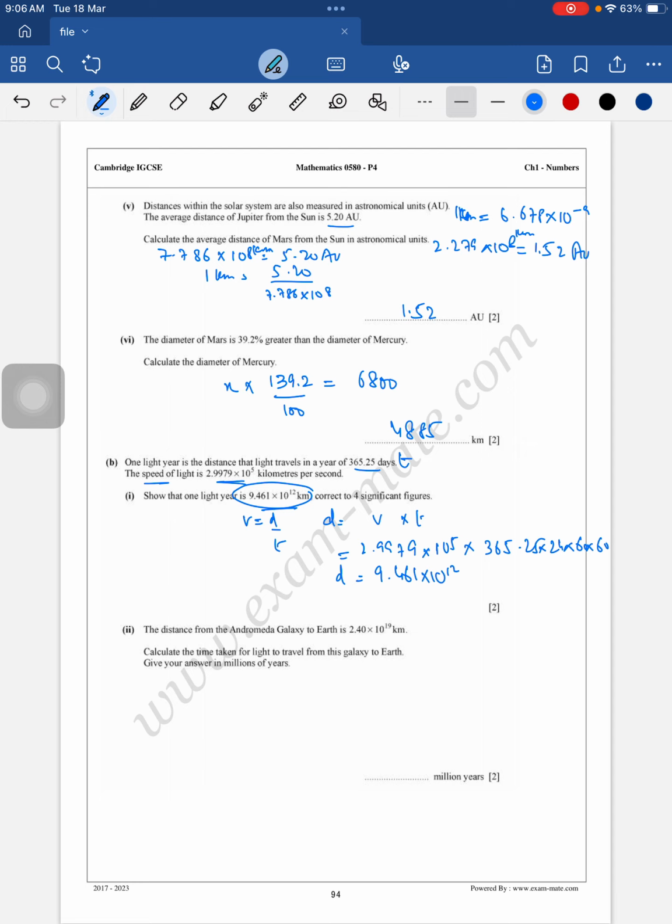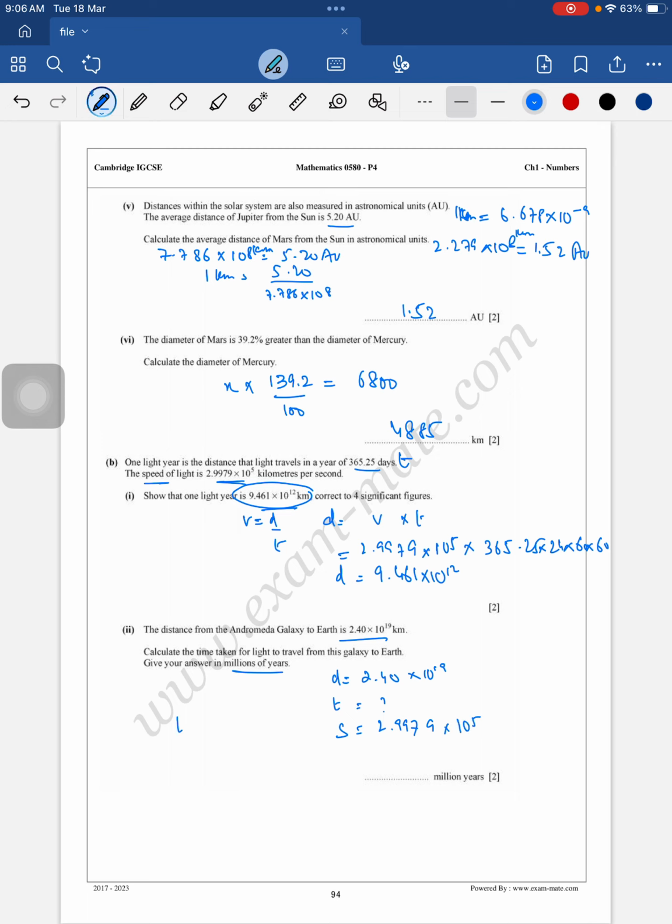The distance from the Andromeda galaxy to Earth is 2.40 exponent 19 kilometers. Calculate the time taken for the light to travel from this galaxy to Earth. We need to calculate the answer in millions of years. We know that the speed of light is 2.9979 exponent 5.